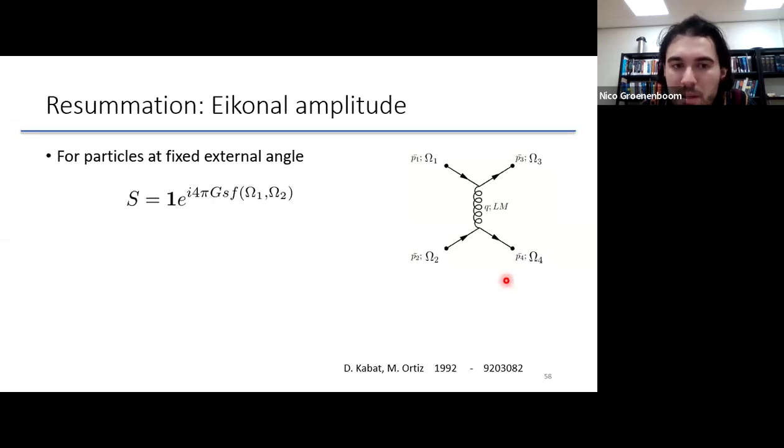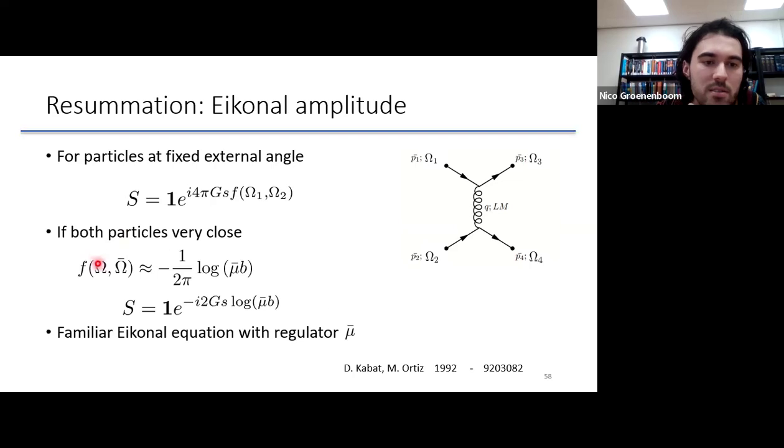It became some Appell hypergeometric function. But if both particles are very close, we can make a nice approximation, which is that the Green's function is proportional to the logarithm of the distance between them, with a -1/2π in front. And inserting this approximation into the exponent turns it into this e to the minus i 2 g_s log g.